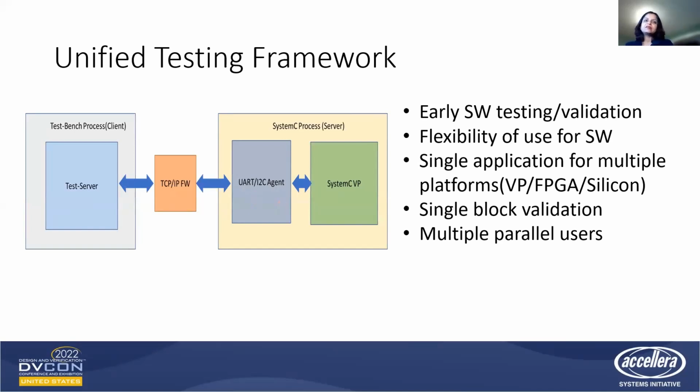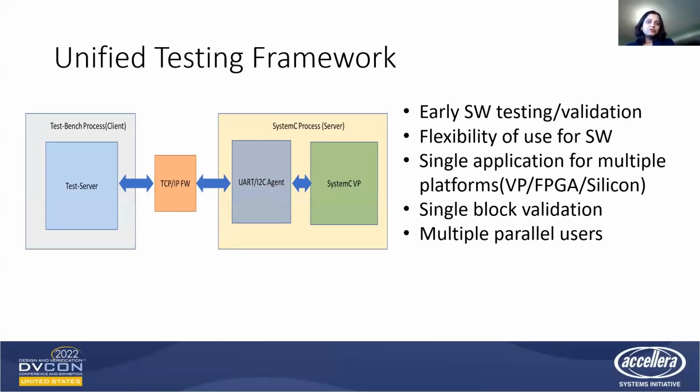So the unified testing framework supported early software testing and validation. Since it is software-based, it was very flexible for the software team to use. The team would only have to configure an application once, and then it could be used across multiple platforms. It also supported single block validation.